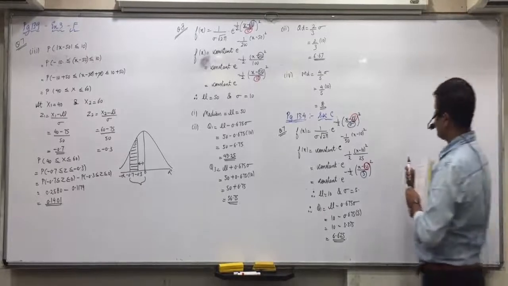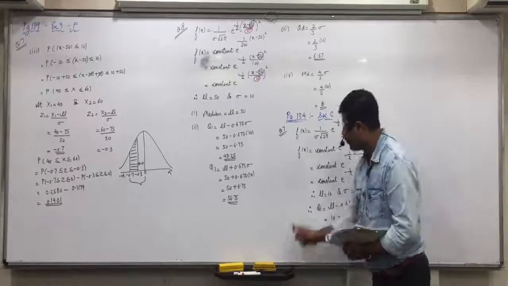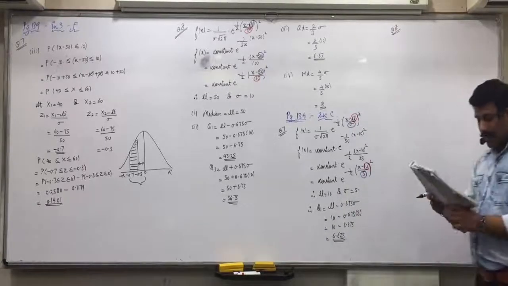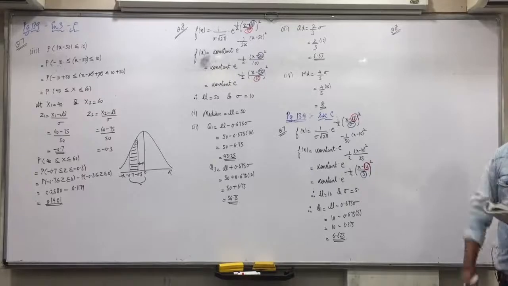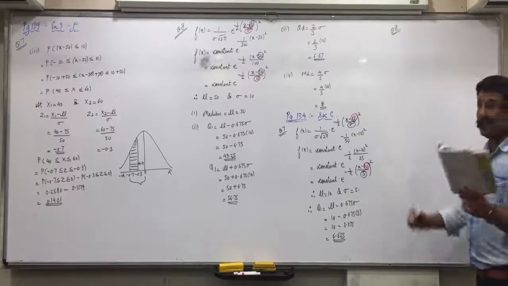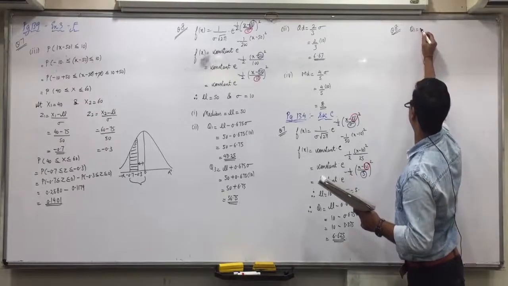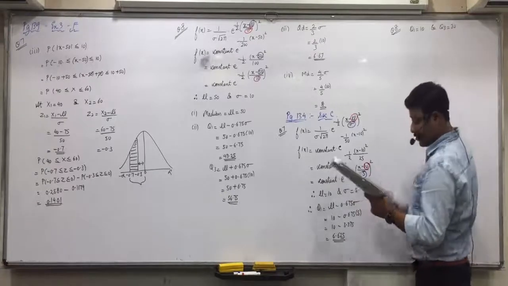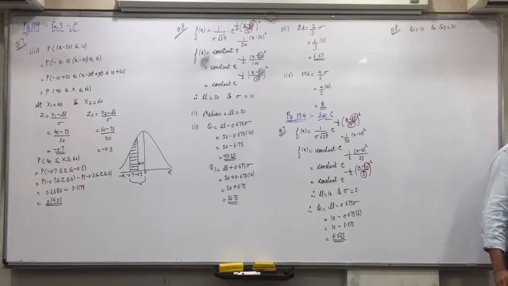Look at question 8. The extreme quartiles of a normal variable are 10 and 30, meaning Q1 is 10 and Q3 is 30. Find its mean deviation.